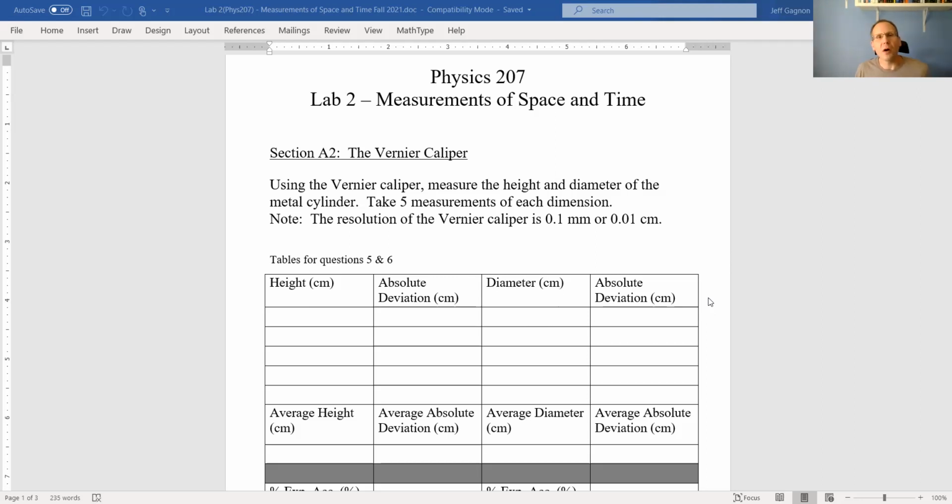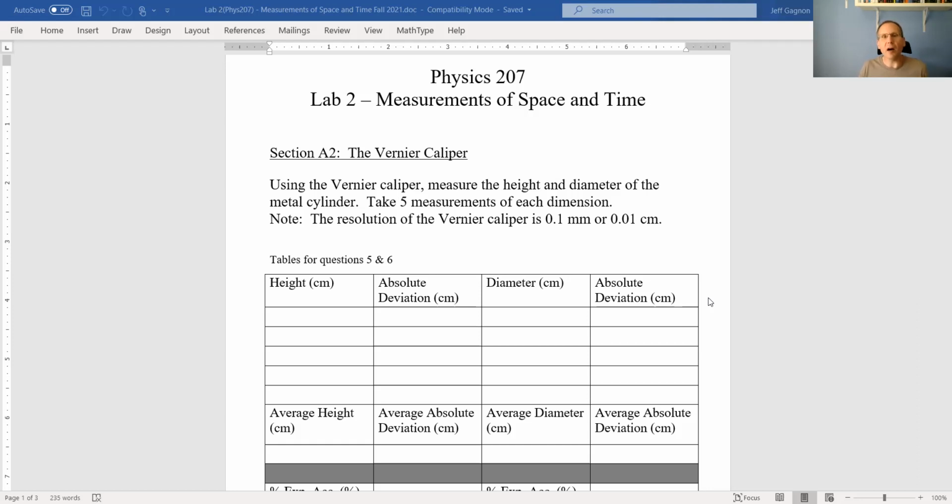Okay, so what we want to do first in this lab is ultimately compute the density of a small aluminum cylinder. To do that, we need to measure the mass and the volume, right? Because density is mass divided by volume.